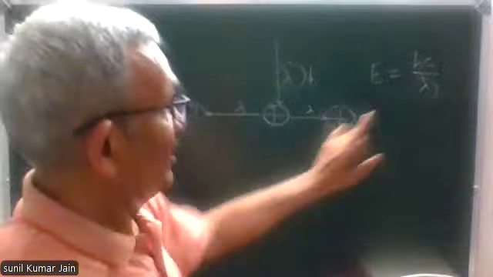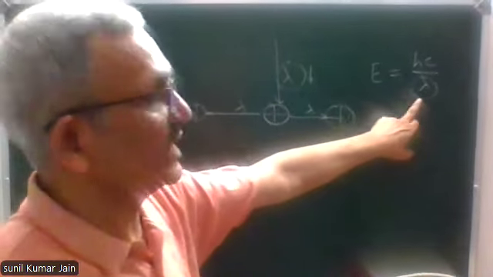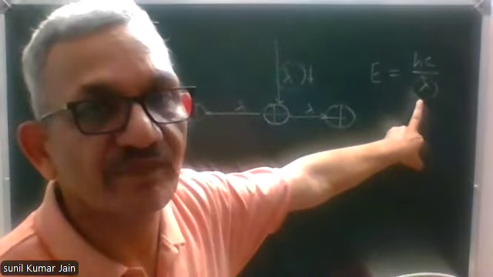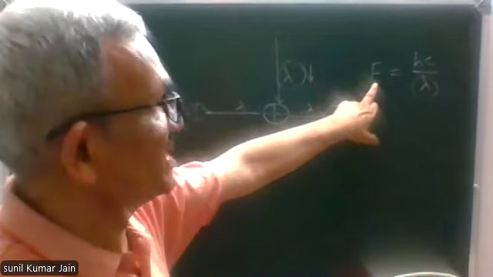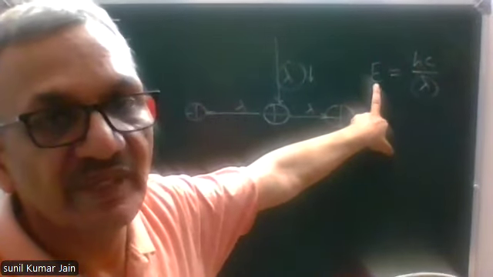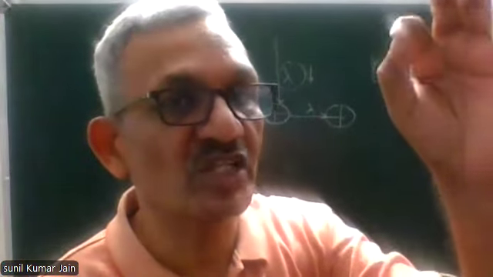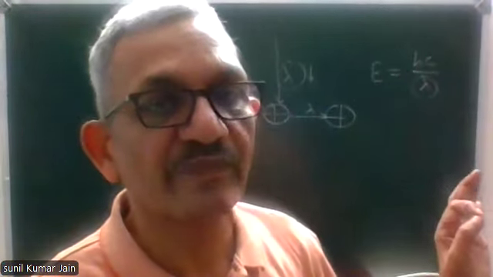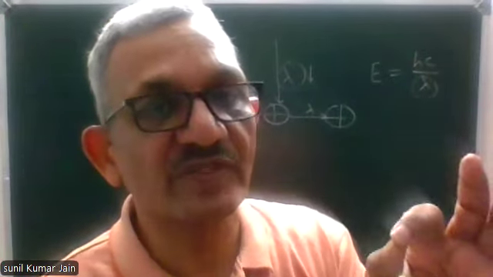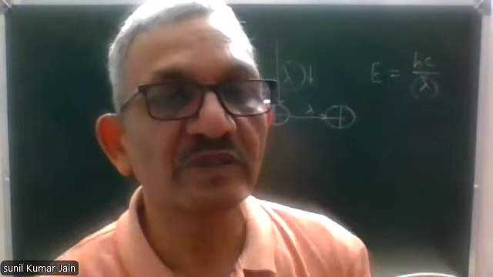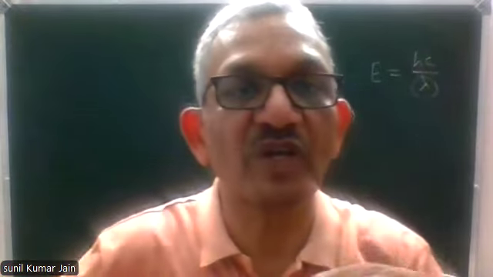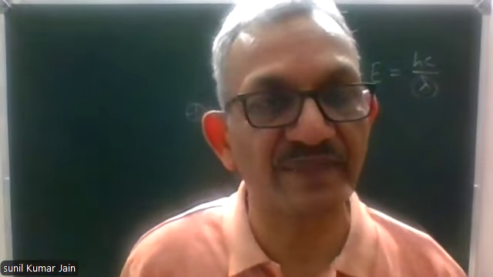So I repeat, to minimize this error, we can use radiation of low wavelength. Wavelength is small means energy of photon is high. If energy of photon is high, a high amount of energy will be transferred to the particle in motion. And if high energy is transferred to the particle in motion, its velocity will drastically increase.